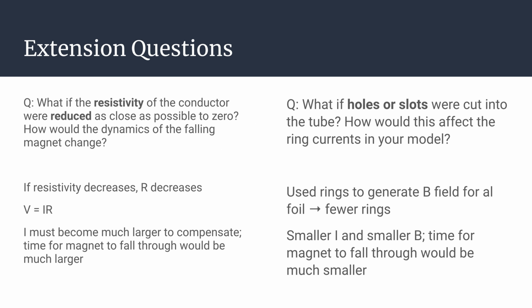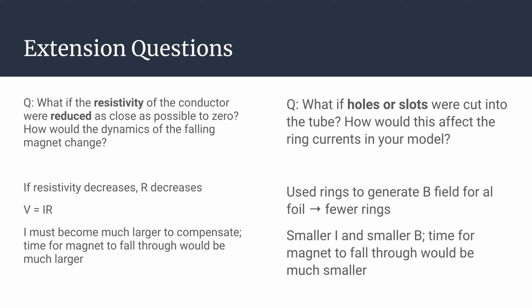And now for some extension questions to conclude. If the resistivity of the aluminum foil was reduced a lot, what would happen? Well, the resistance would also decrease, since resistance equals resistivity times the length of the material divided by the cross-sectional area. Since resistivity is in the numerator there, resistance would also decrease.